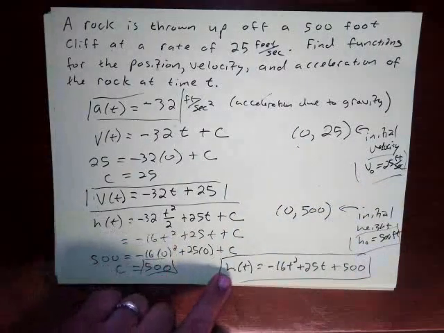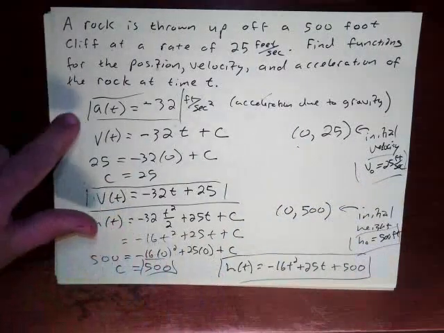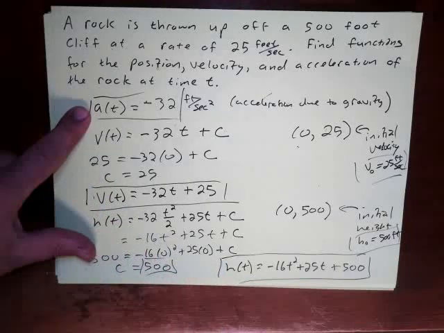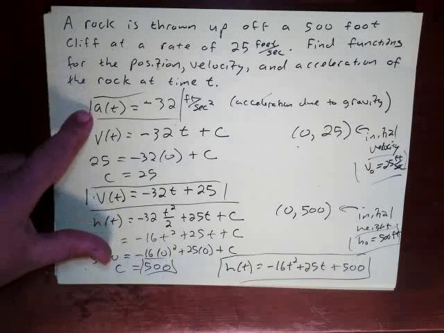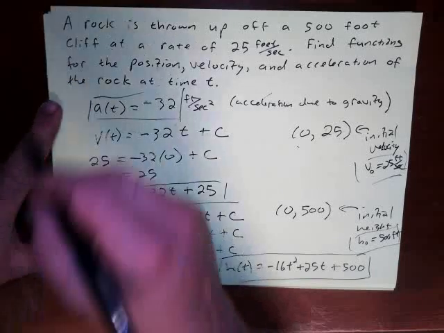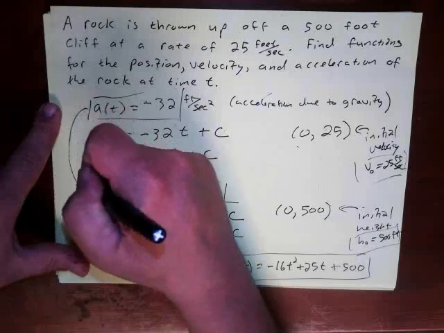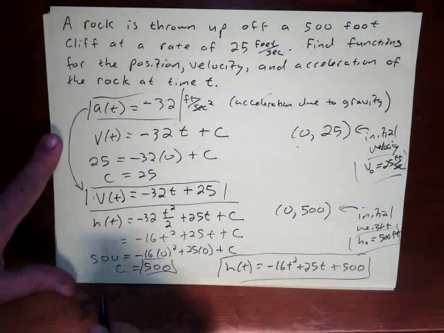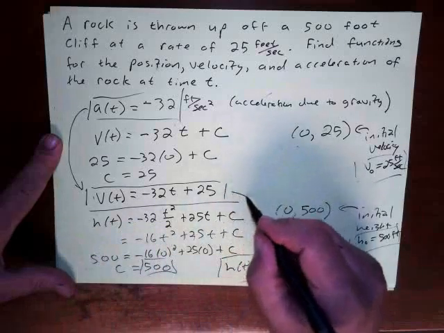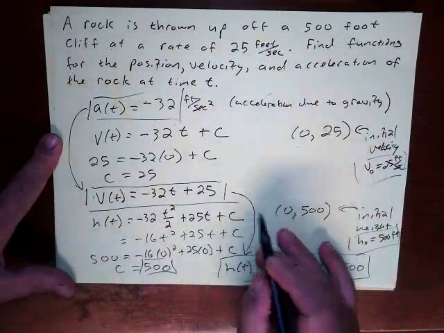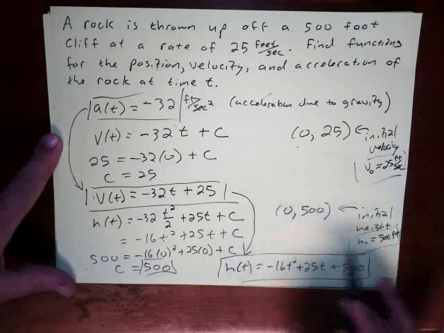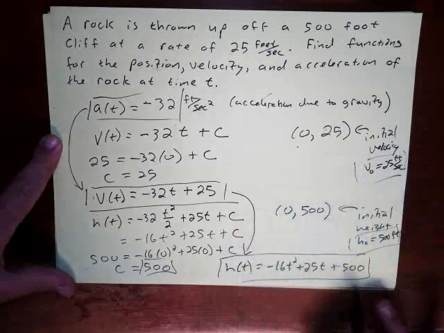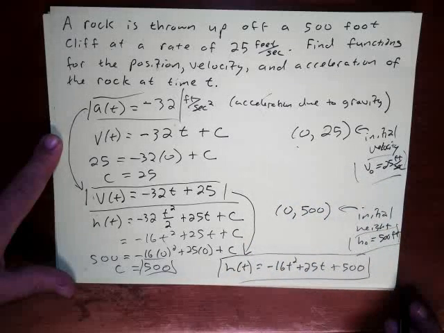It wanted the height function, the velocity function, and the acceleration function. Okay, and so we start with the acceleration, which is constant. We do the antiderivative, plug in the initial condition, and we get the velocity function, right? And then we do the antiderivative, plug in this initial condition, and we get the height function.